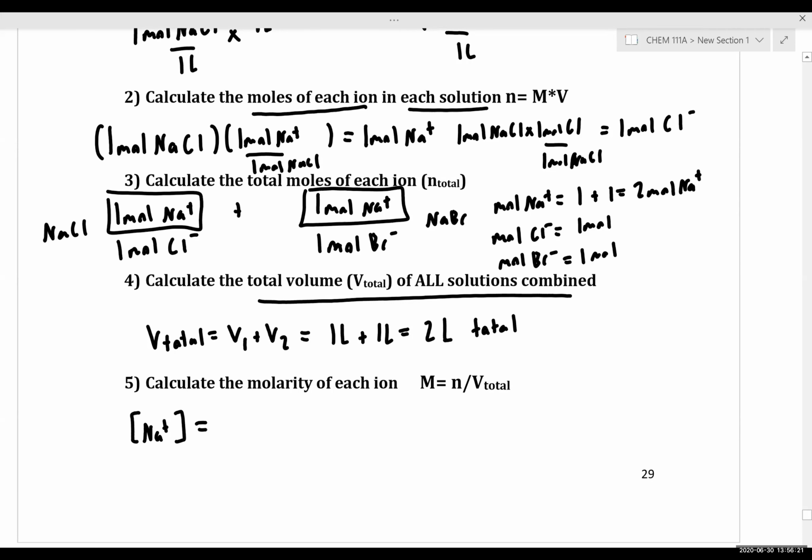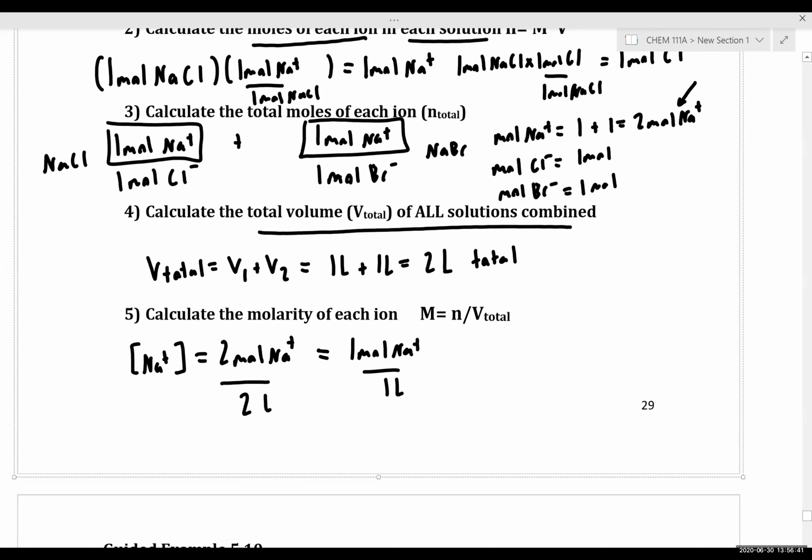So the concentration of sodium would be the moles of sodium, which are 2, over the total volume of 2 liters, which gives us 1 mole of sodium plus per 1 liter.